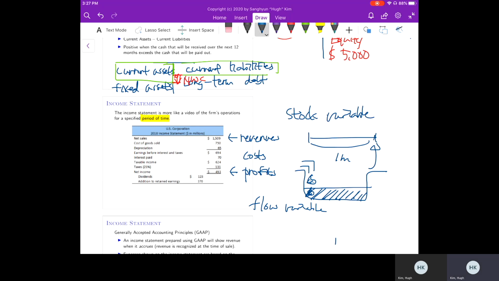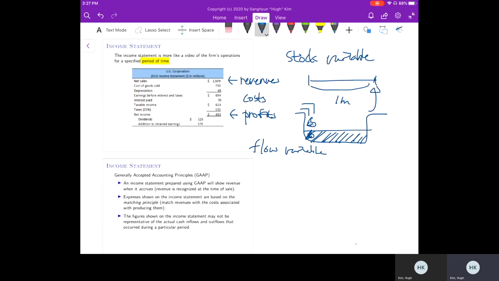In the income statement, the most important thing is GAAP, generally accepted accounting principles. So the income statement must show revenue as it accrues. So revenue must be recognized at the time of sale. So for instance, let's say you make some product.